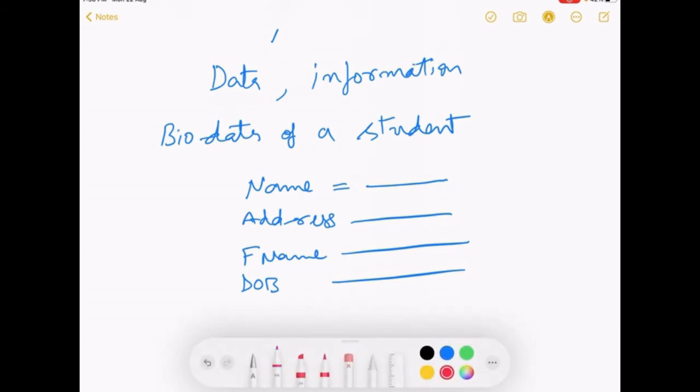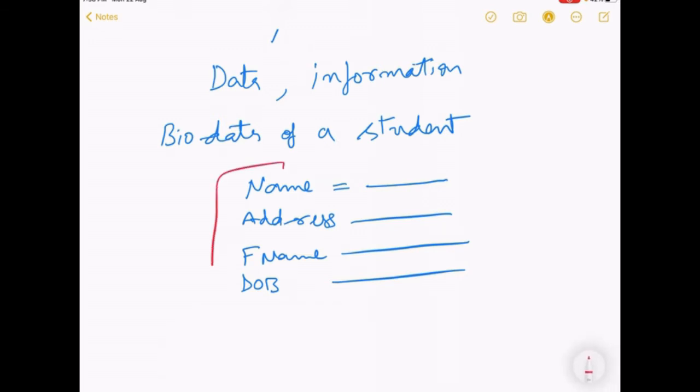So you see here all those are details about a student. Or somebody can say it is providing me information about a student.